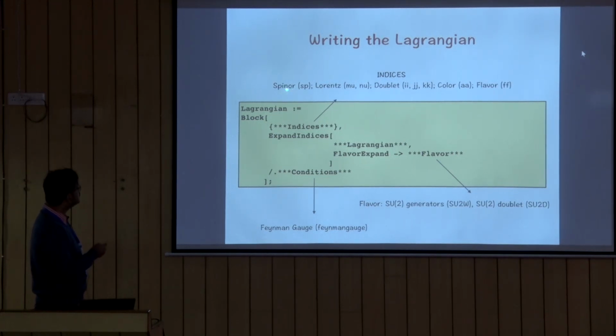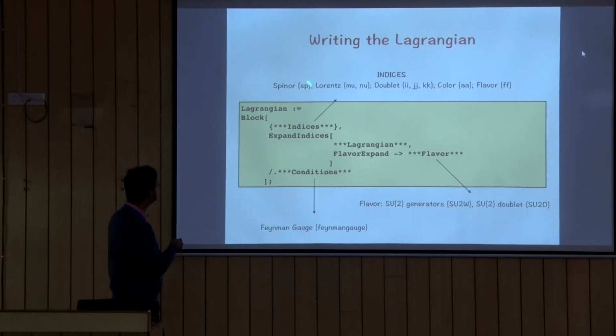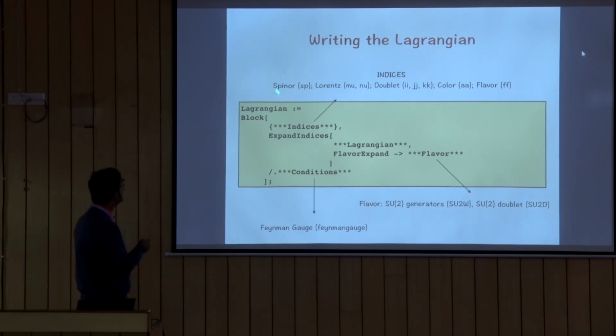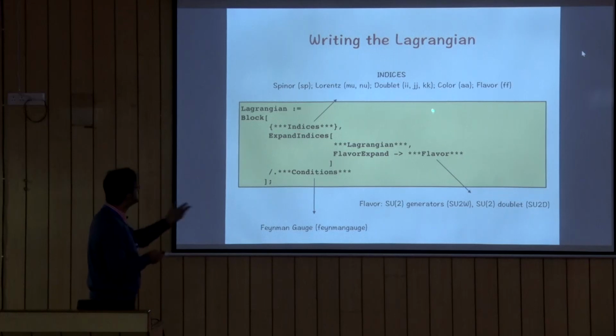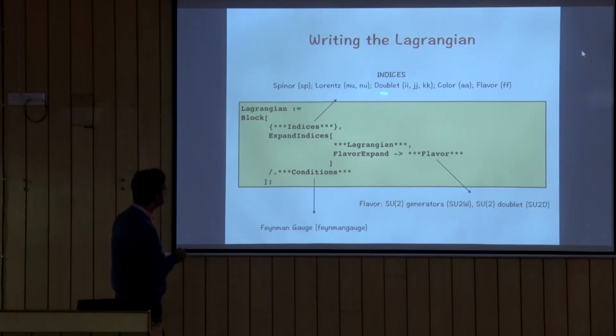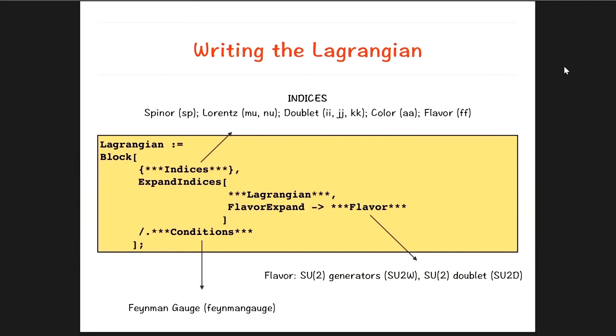And these indices will have all kinds of indices, like you remember for fermions you have a spinor index, Lorentz index is there for all these vector boson fields, also with the gamma mu's which go in. Then there are cases of doublets with indices II, JJ, KK, the color indices are AA, the flavor indices are FF, and remember the notations of these indices have been defined at the very beginning.